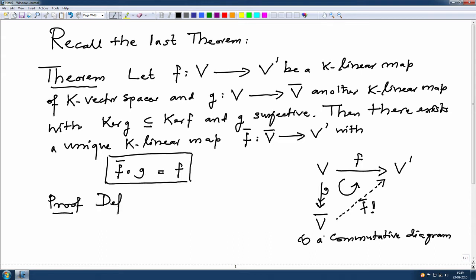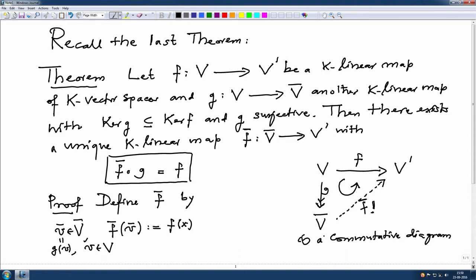So, define F bar: take any element V bar in capital V bar, and because this map is surjective, V bar has to be of the form G of V for some V in V, and define F bar of V bar to be F of V. Now, the only thing we need to check here is this definition does not depend on the pre-image, this is V, not X. This definition does not depend on V, which is the pre-image of V bar under G. So, that is the only thing.